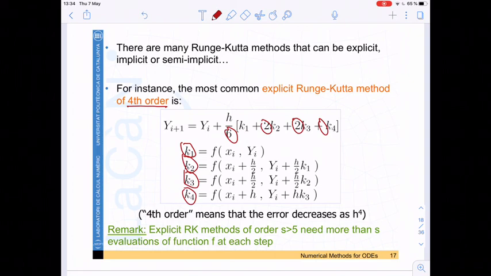Okay? Fourth order, meaning that the error decreases as h to the power of 4, which is very accurate. This means, for instance, that if the step size decreases by a factor of 10, the accuracy increases by a factor of 10 to the power of 4, by a factor of 10,000.